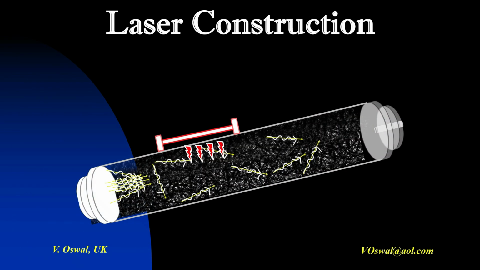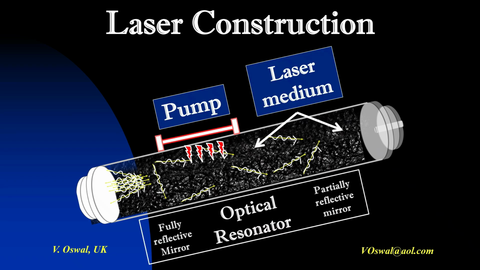The laser consists of an external energy source, a laser medium, and an optical resonator. The main component of the laser is a gain medium. It is also known as an active medium since it can achieve population inversion, where enough atoms or molecules are in an excited state to allow stimulated emission to dominate. The optical resonator is a cavity which consists of a pair of highly reflective mirrors placed parallel to each other at the ends of an active medium.